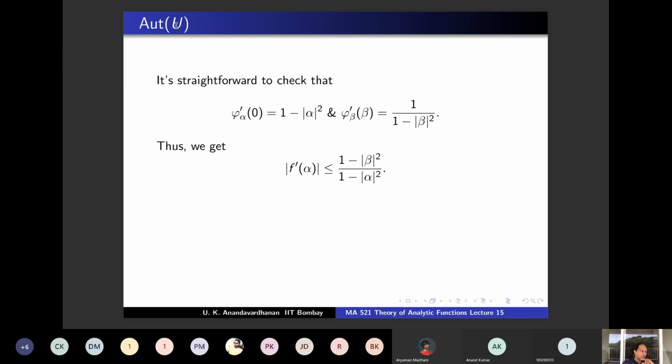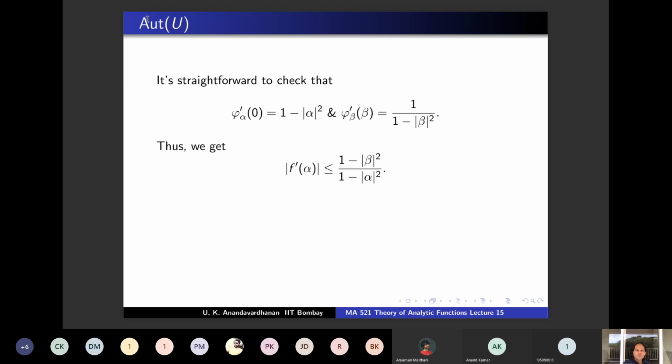So the inverse is automatically holomorphic, by the inverse function theorem. We have shown that phi alphas belong here, and now, as an application of this bound, we will use this. This already uses Schwarz's lemma, and as an application we are going to show that if f belongs to Aut U, f is more or less a phi alpha.